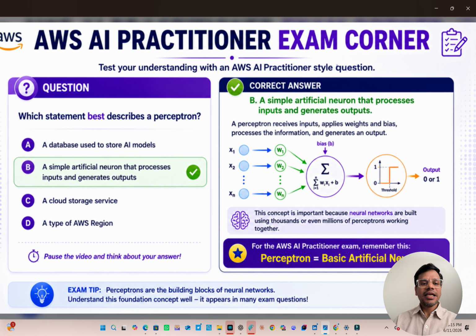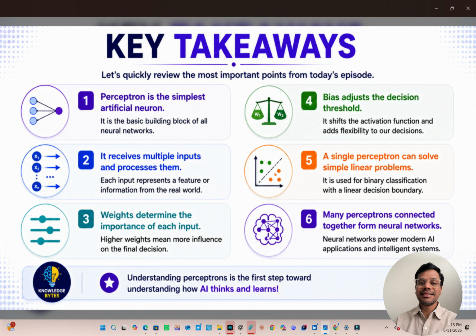For the AWS AI Practitioner exam, remember this important statement: perceptron equals basic artificial neuron. This concept appears frequently because it forms the foundation of neural networks. Now let's go through the key takeaways. Let's quickly review today's key points. A perceptron is the simplest artificial neuron. It receives multiple inputs and processes them.